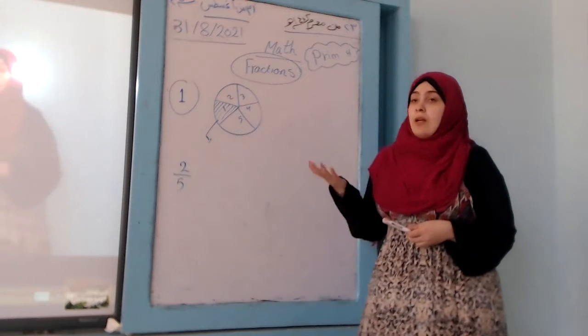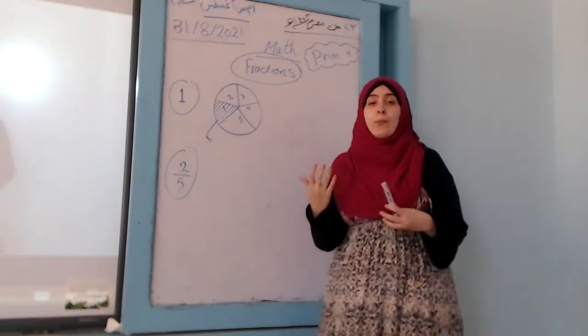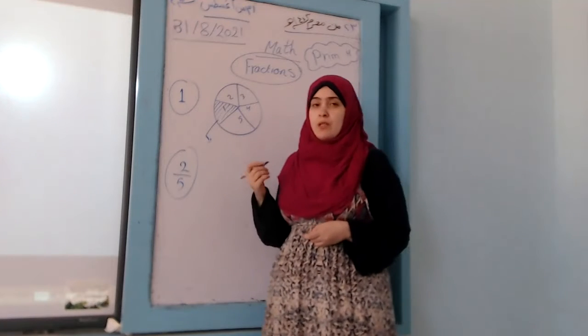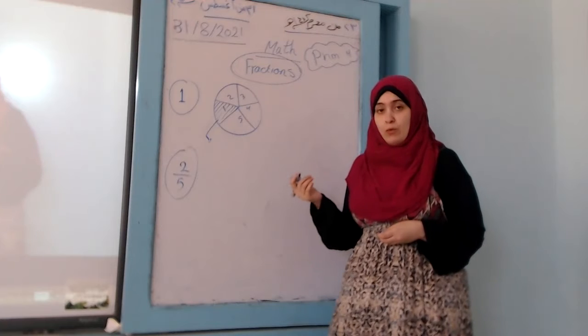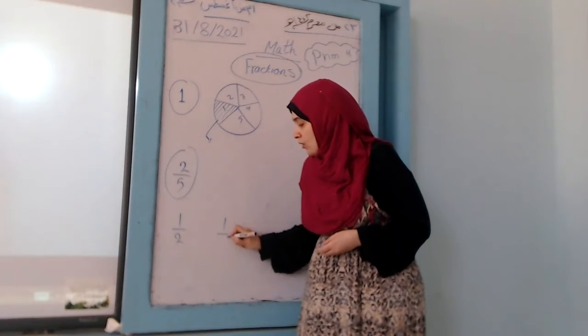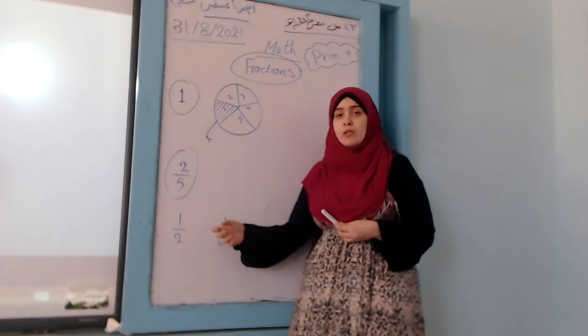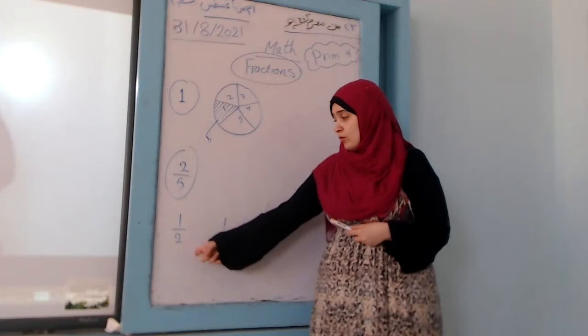Last year we learned how to compare two fractions. Compare means to know which is the greatest fraction. If I have 1/2 and 1/4 and want to compare them, which is greater?